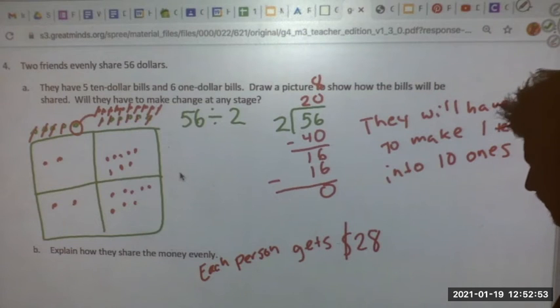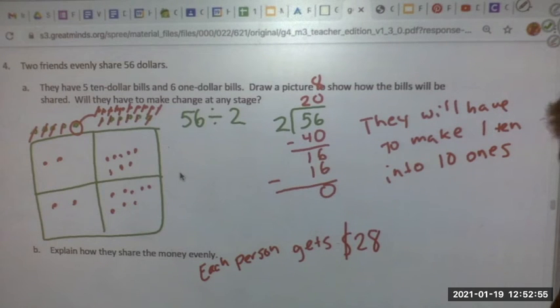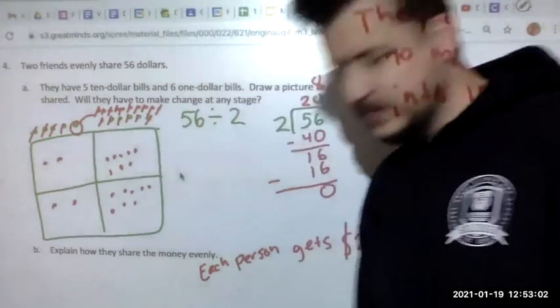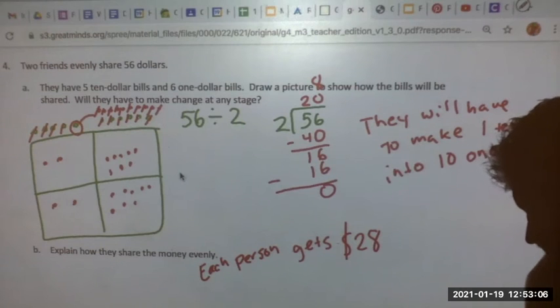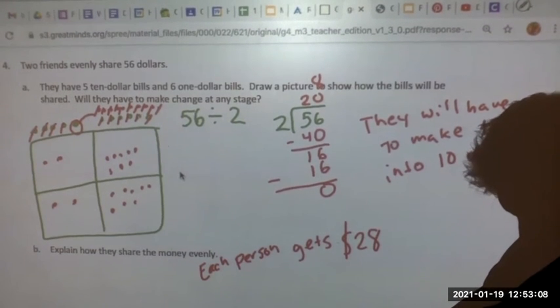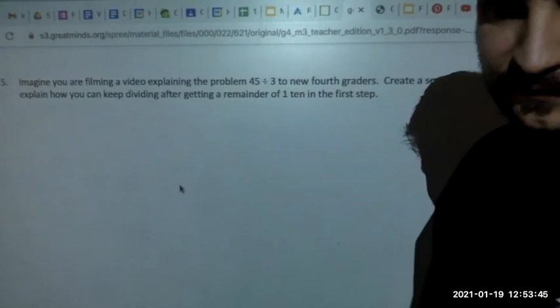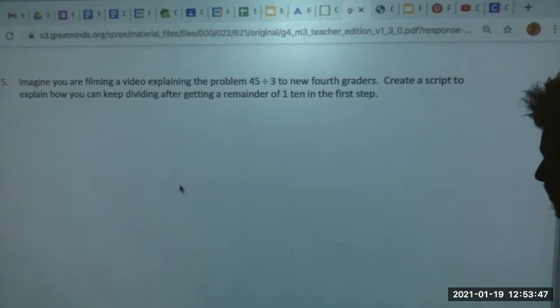All right. So for 5, I'm going to read the question to you, but you're going to have to work that one out. Remember, if you miss some of this, you can always pause me because I'm not live. We're going to move on to question 5. Wow, 5, really. So it says, imagine you are filming a video explaining the problem 45 divided by 3 to new 4th graders.